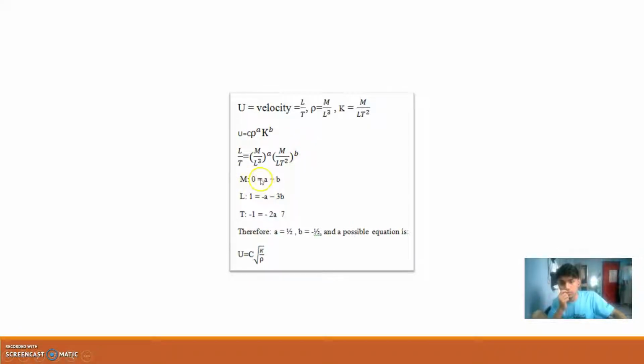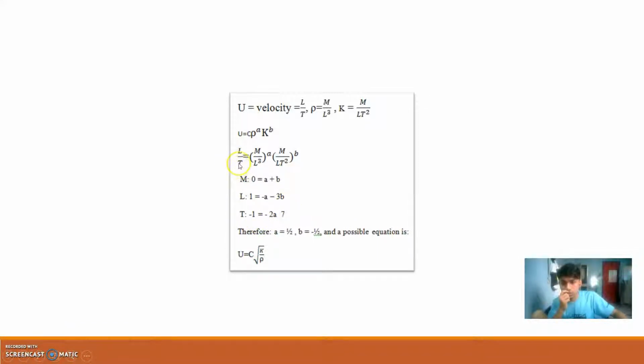So for M, we have no M here, so it is 0, and then we have a for M and b for M. Then for L, we have 1 here, and this is actually -3a and -b, so 1 = -3a - b.